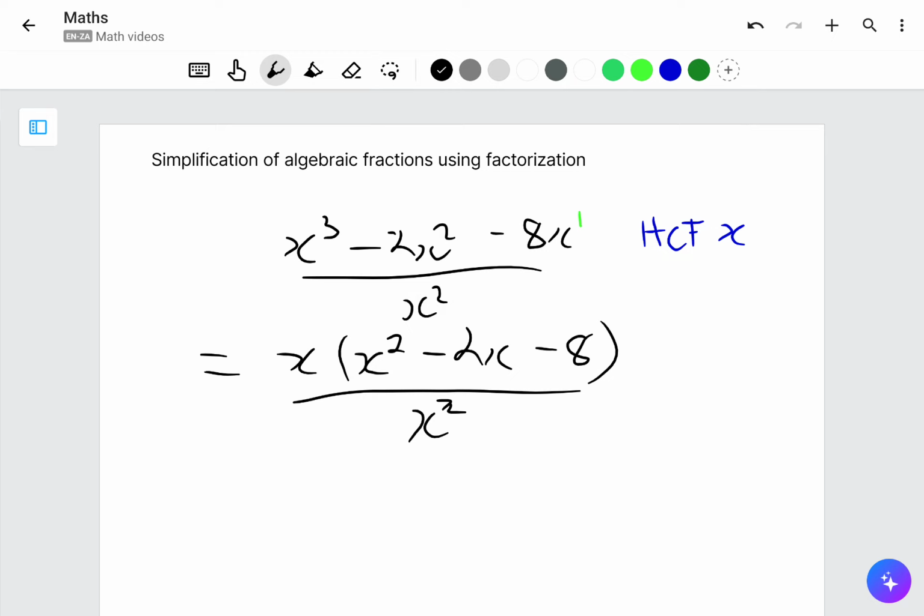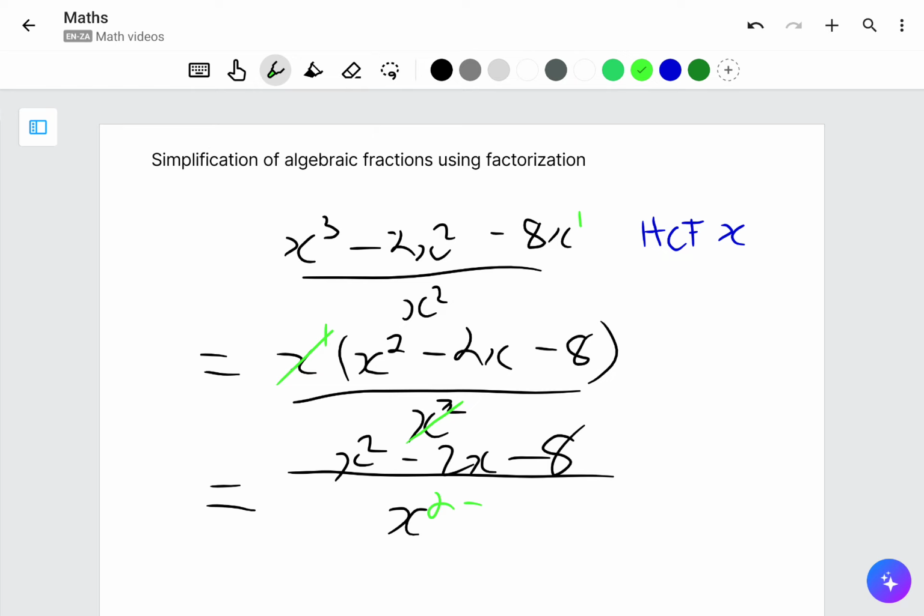okay? So we can again see that there is an x to the 1, okay? So according to exponential laws, we can take that over the division sign, and we can say this will happen, okay? So let me show you what happens. If we were to take the 1 down, we'll be left with x squared minus 2x minus 8 on the numerator, and on the denominator we'll have x to the 2 minus 1, right?